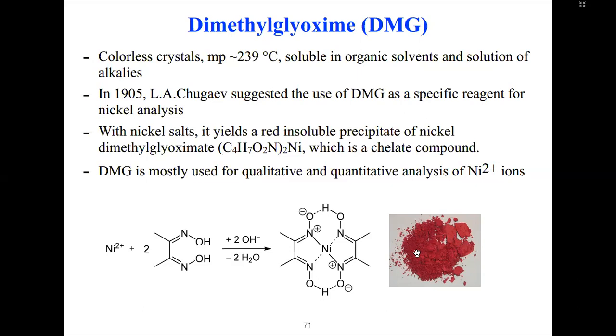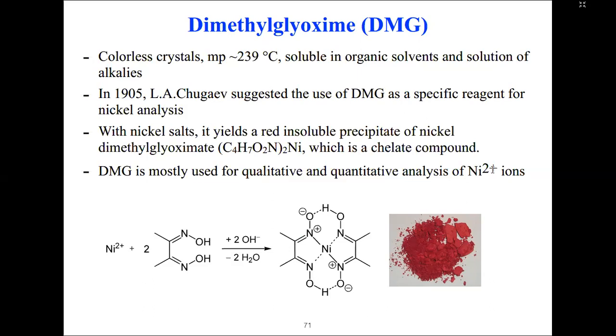The precipitate, the powder, is shown in the figure here: nickel dimethylglyoximate, which is a chelate compound. So it is related to complexometric reaction. DMG is mostly used for qualitative and quantitative analysis of the nickel 2 plus ion. Qualitative means it is used to determine whether or not nickel ion is present in our sample.